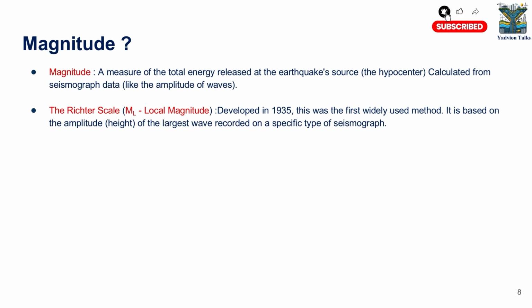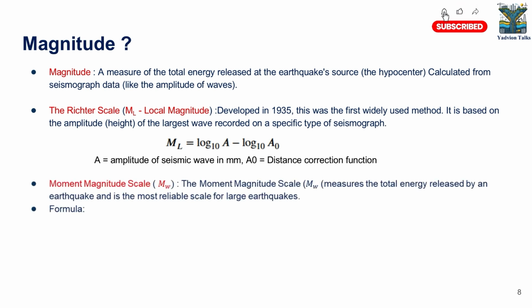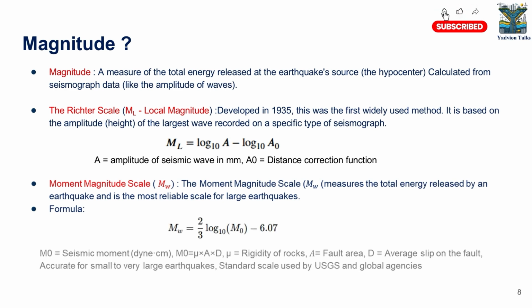It is based on the amplitude of the largest wave recorded. The equation is given here. And second is the moment magnitude scale, MW, which is widely used. The moment magnitude scale measures the total energy released by an earthquake, and this is the most reliable scale for both smaller and larger earthquakes. And this is the formula for it.